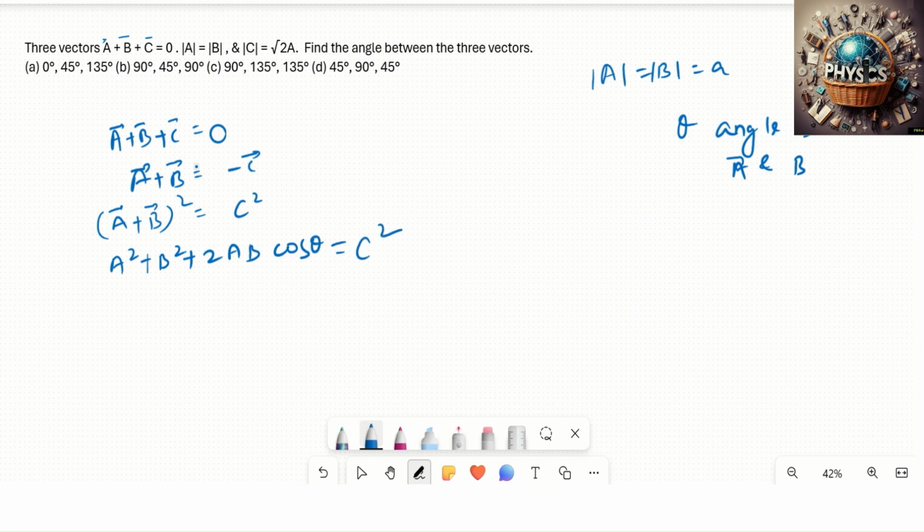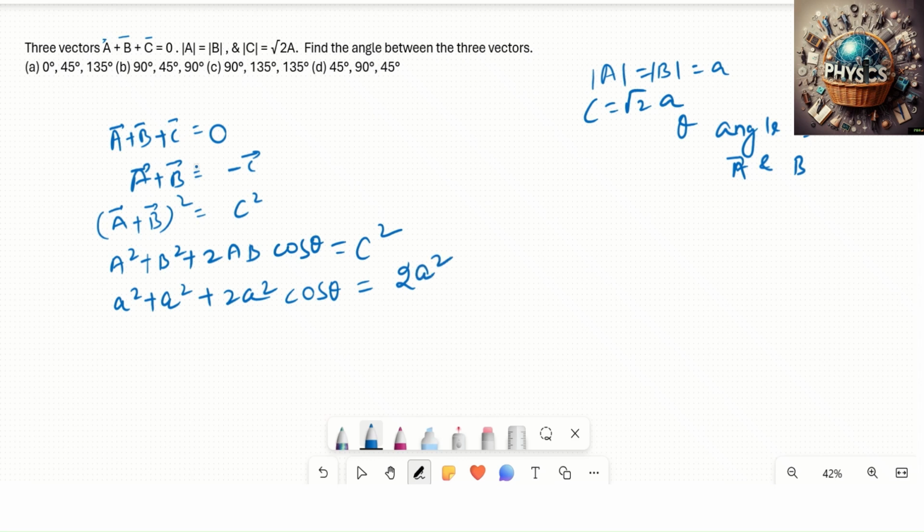Since A and B are both a, as we have assumed, and C is root 2 of A, A square plus A square plus 2A square cos theta is equal to C square, so it will be 2A square.